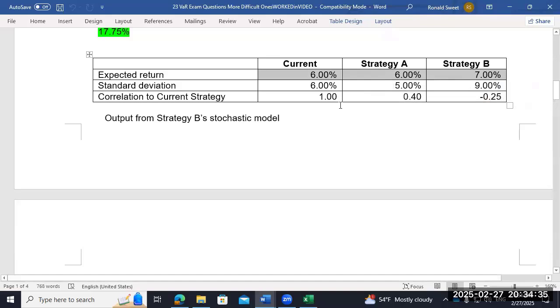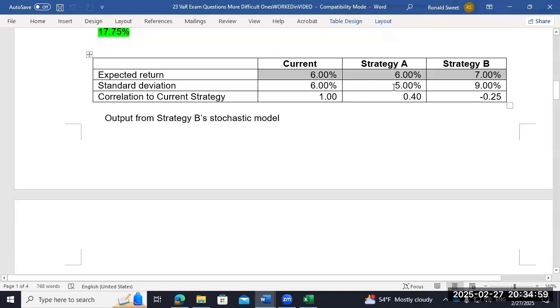The same or higher. The nice thing about return is it's just the weighted average. So if you combine current with A, you're going to get a 6% return. If you combine current with B, you can get 90% at 6%, 10% at 7%. So that's pretty easy to get. So with A, you get the same return, but not better. With B, you'll get a higher return.